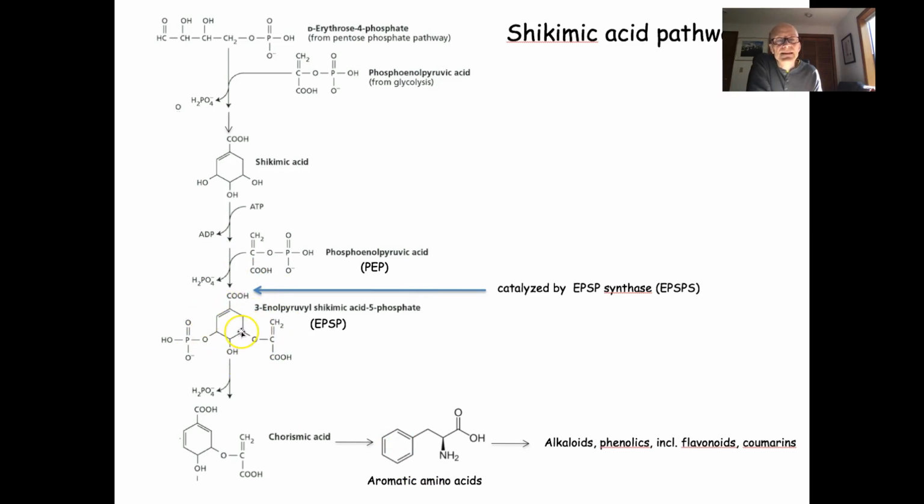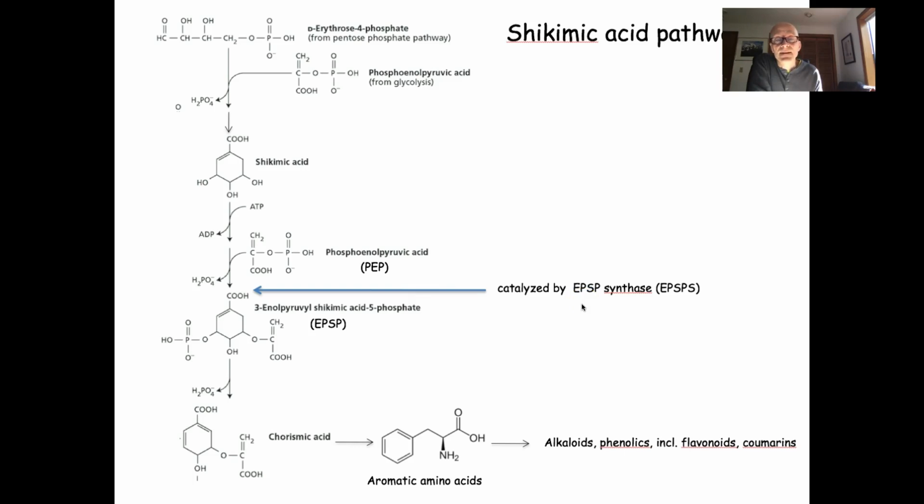Well, this reaction is catalyzed by EPSP synthase, or EPSPS. This enzyme is the enzyme that is vulnerable to herbicides. And so herbicide resistance, therefore, can play with this EPSP synthase in order to make a plant herbicide resistant.